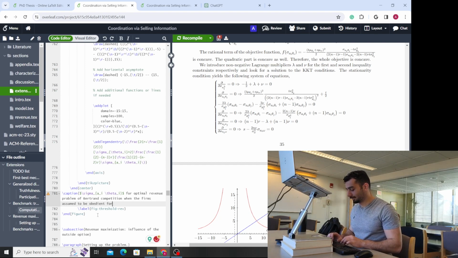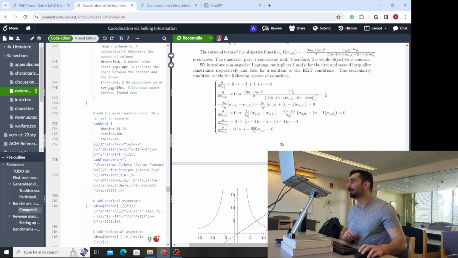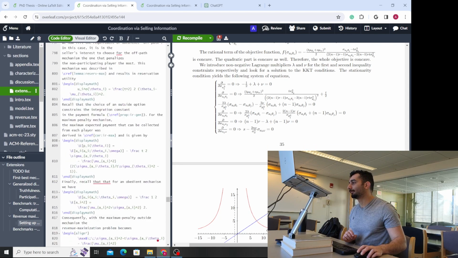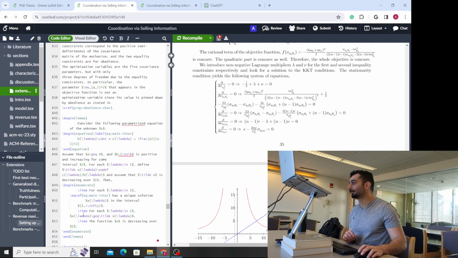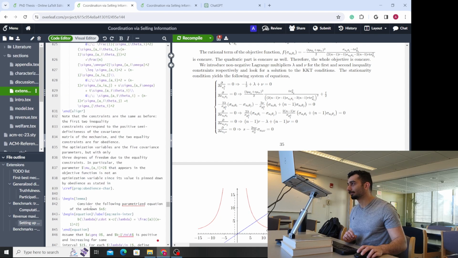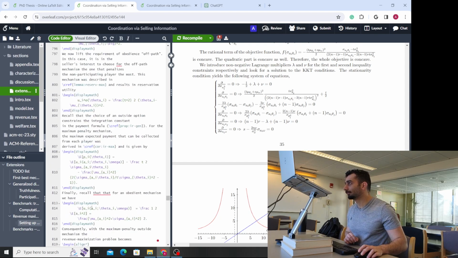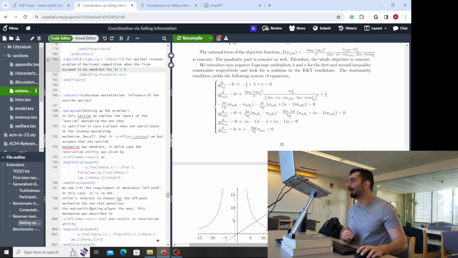For what are the parameters? R is 1/16. Let's check it here too. N is 5. Where am I?